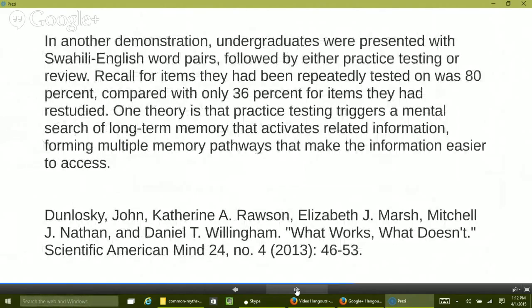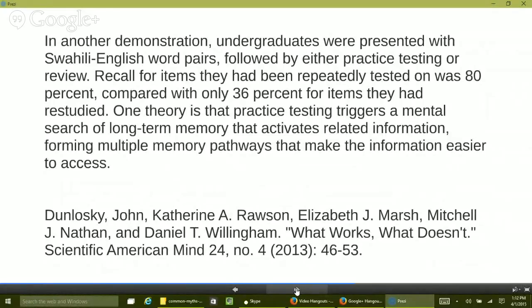Another is that students were given Swahili-English word pairs, so they didn't have a lot of familiarity with it, in a controlled experiment. They either had practice testing or review. When they were repeatedly tested on the word pairs, they performed at 80%. If they had restudied using the same amount of time, they only scored at 36%.